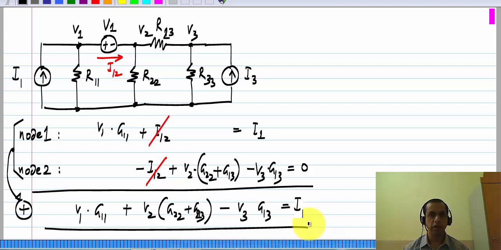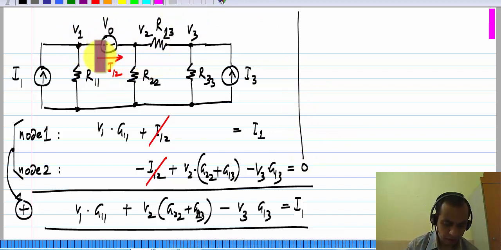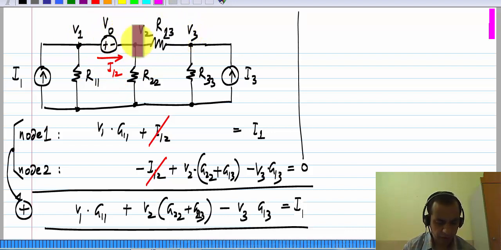But I do have the constraint of the voltage source, so that gives me the missing equation. Okay. Meaning I lost one equation because I added KCL equations for nodes 1 and 2. On the other hand, I also know that this V0 will constrain V1 and V2. Okay.